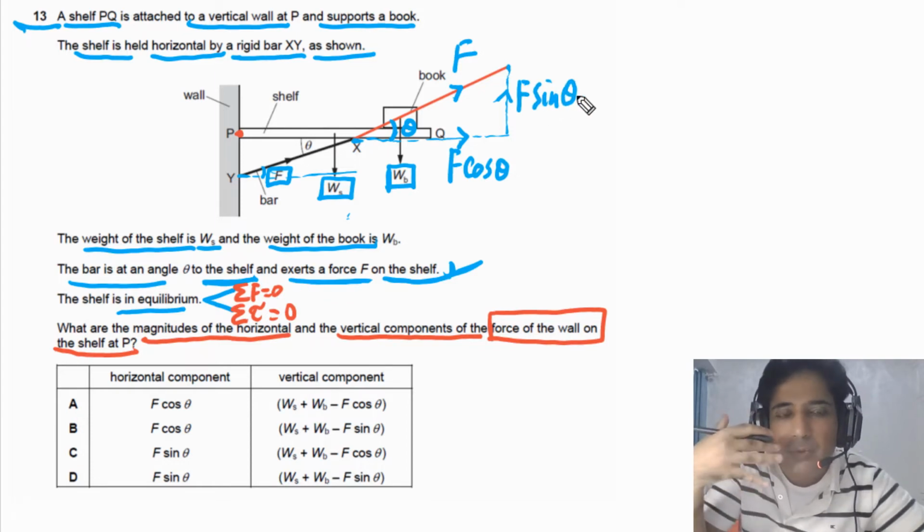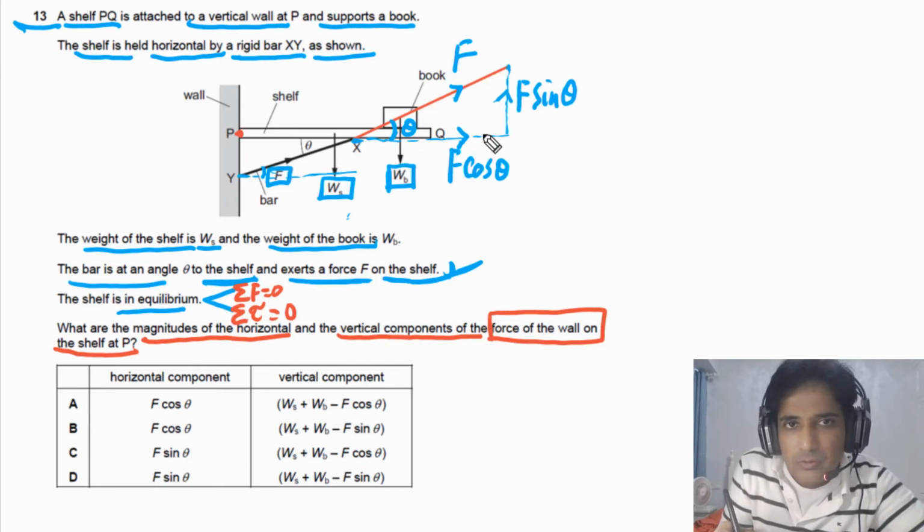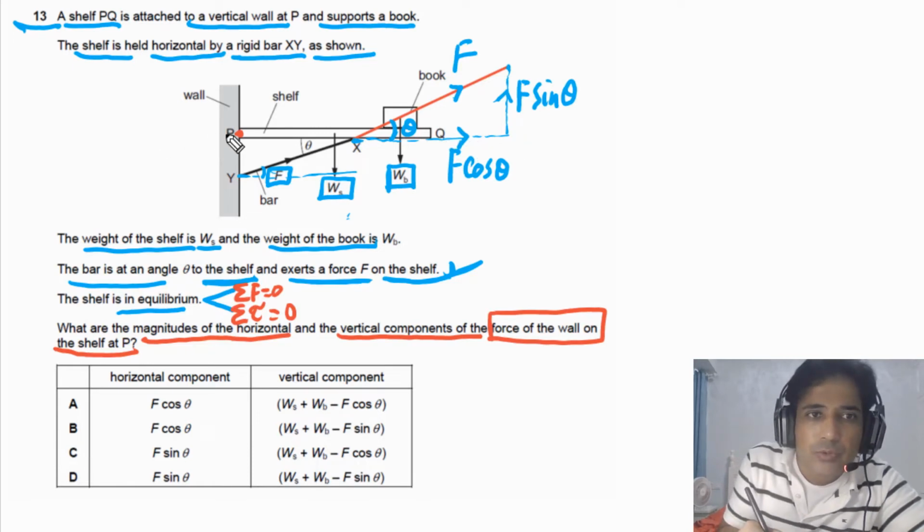Now we need to look at the forces. Along the horizontal, there is only one force acting on the shelf, and this force is acting to the right. So there must be a force by the wall on the shelf to the left. There must be a force acting on the shelf by the wall. That force we can say is Fpx.